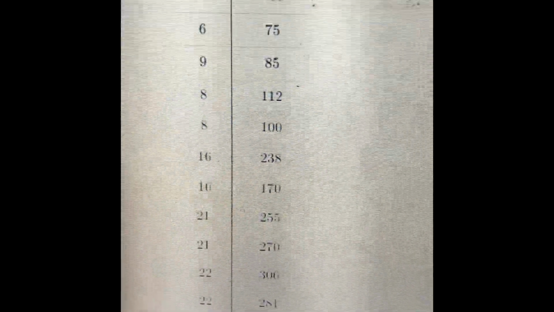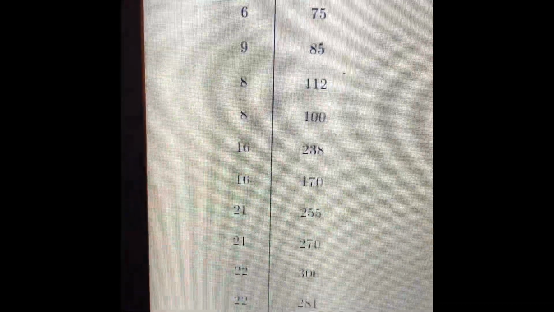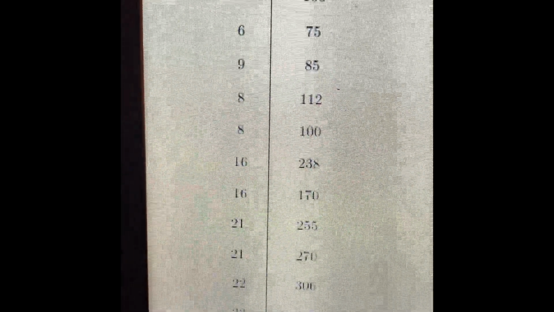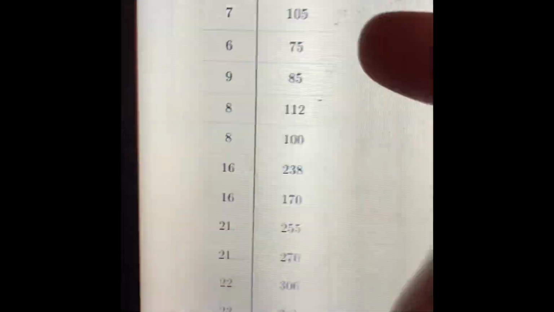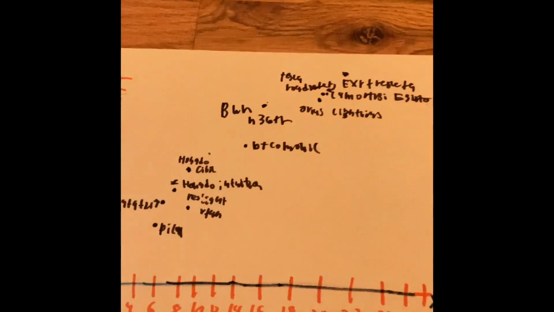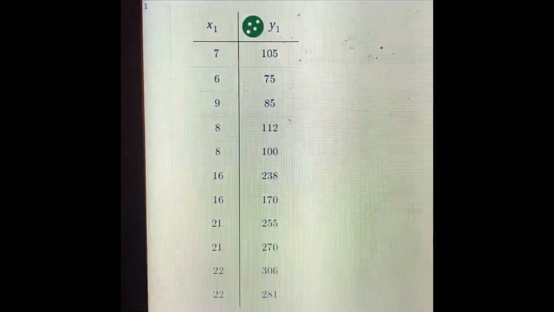On the ratio table, we have x representing the acceleration rating and y representing the top speed of a car in miles per hour. These are different car brands listed on this graph.